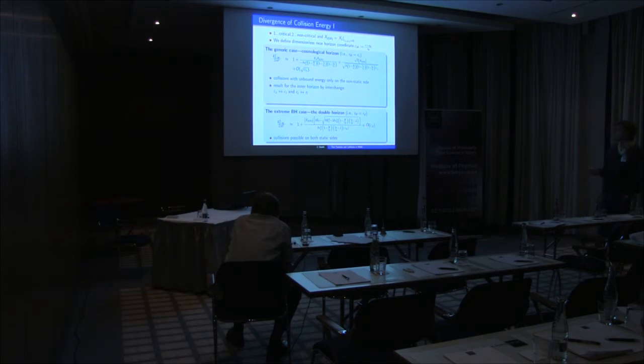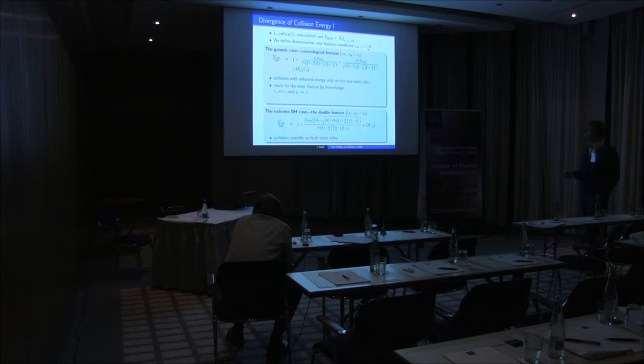And for the double horizon, we can see for the inner horizon with the new near-horizon coordinates, epsilon goes to 0 on the horizon, and this term diverges like 1 over the square root of epsilon, but only on one side, namely the non-static side of the horizon. As Philip said, the critical particle cannot approach the single horizon from the static side.